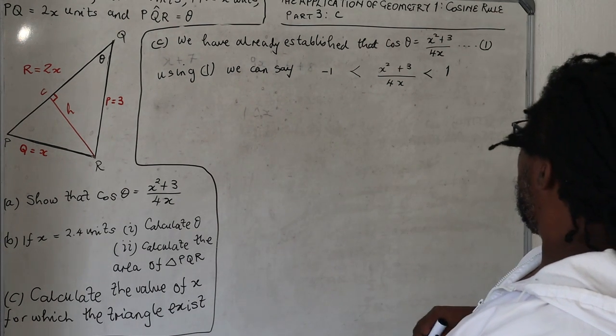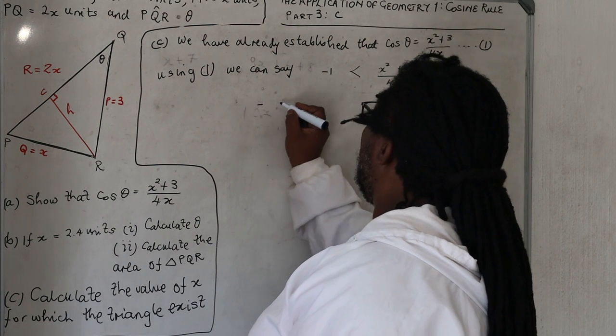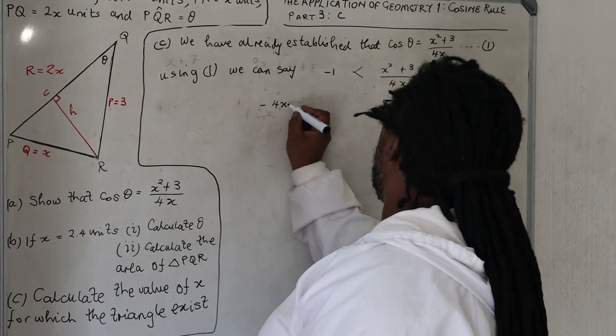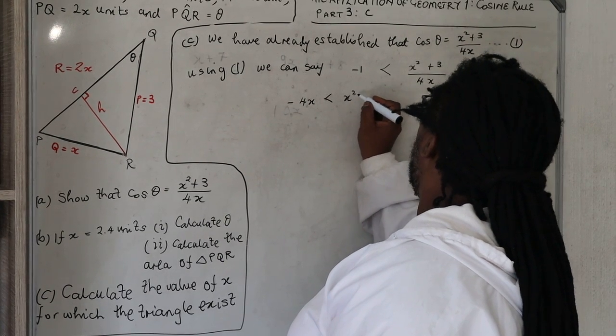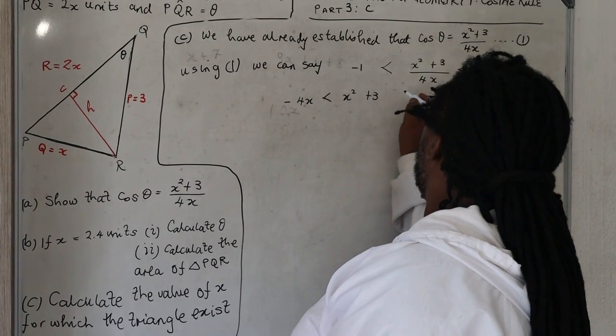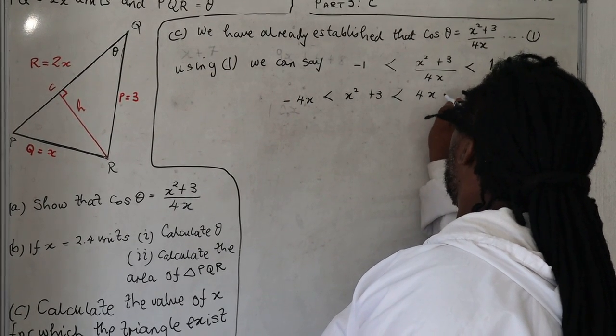So multiply through by 4x, we have minus 4x less than x squared plus 3 less than 4x.